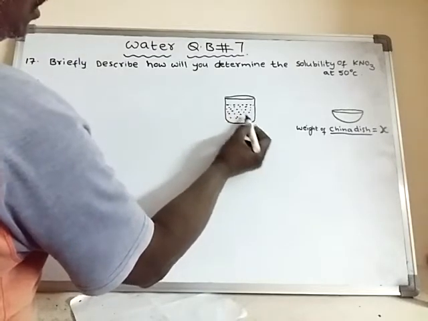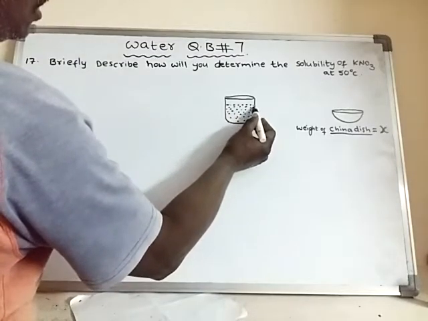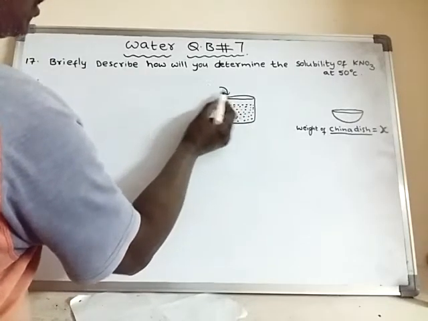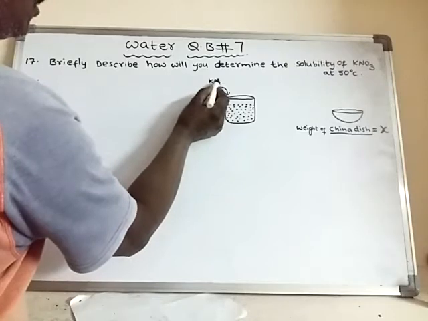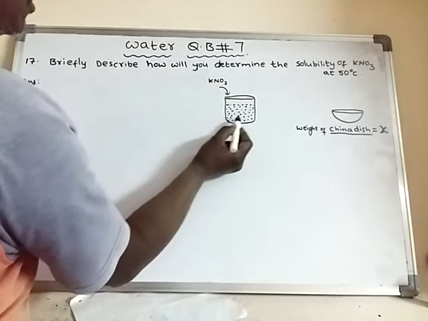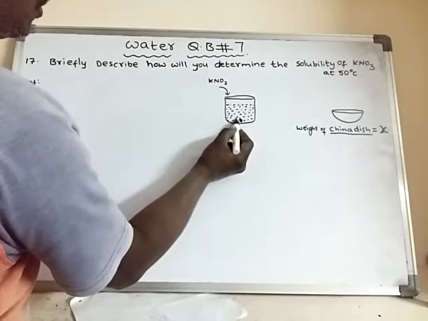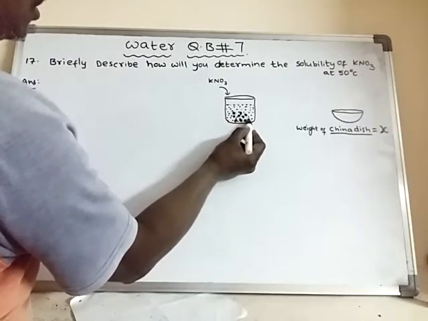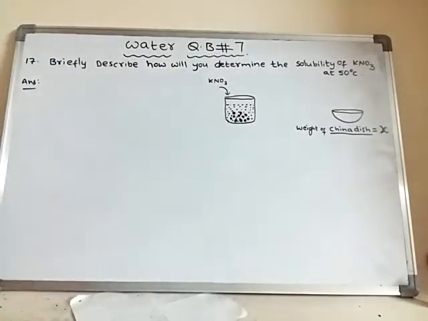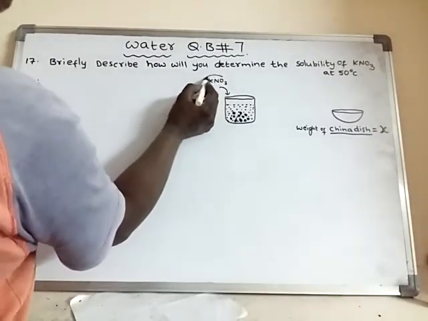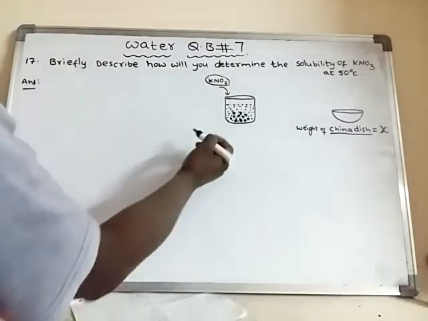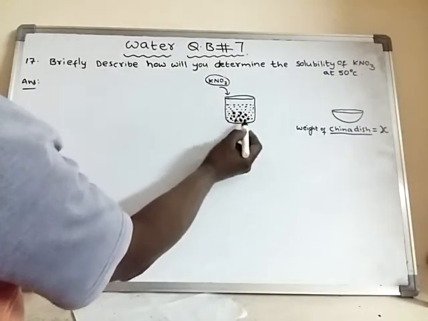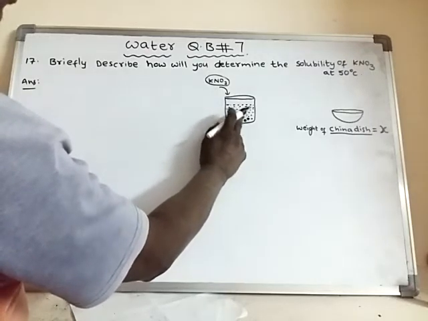Now add some potassium nitrate into this one. These are the crystals of potassium nitrate. Add potassium nitrate until this water becomes a saturated solution.